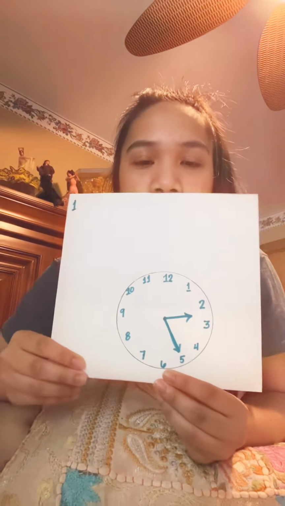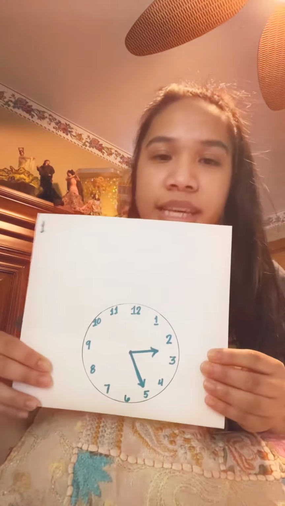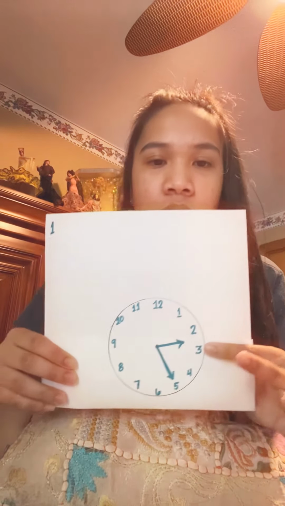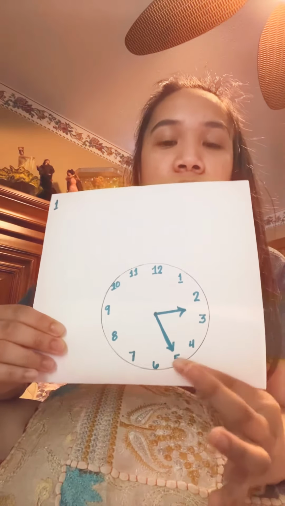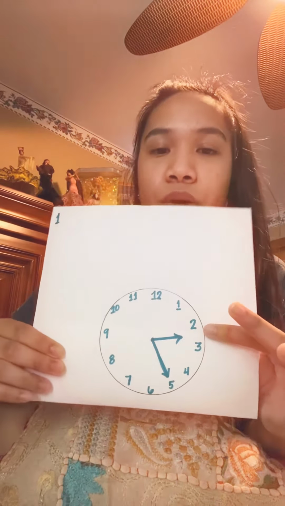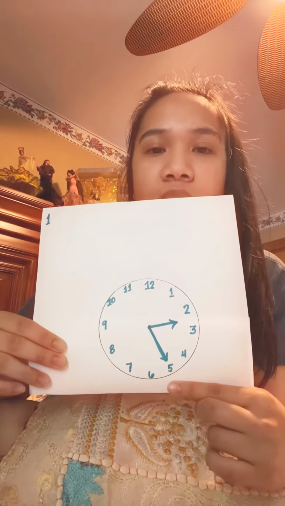Next one we have is this. At first, let's go find the hour hand and the minute hand. The hour hand is the shortest one, and the minute hand should be the long one. So the shortest hand is pointing at the middle of 2 and 3, and the minute hand is pointing at 5.